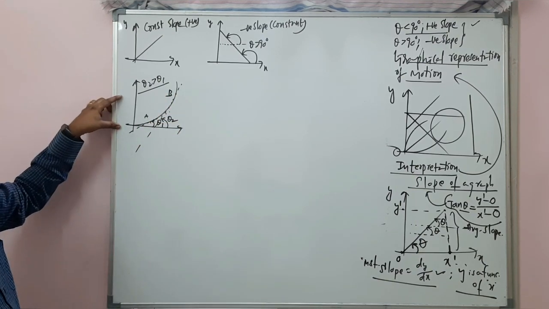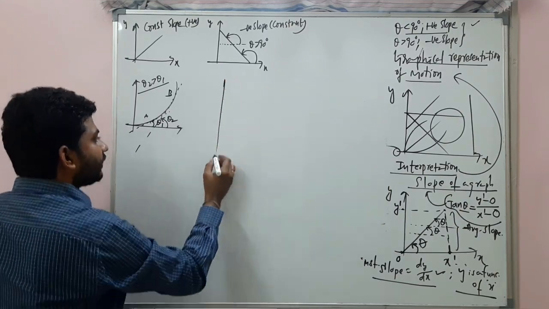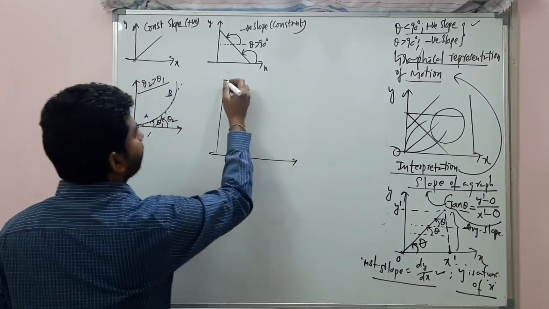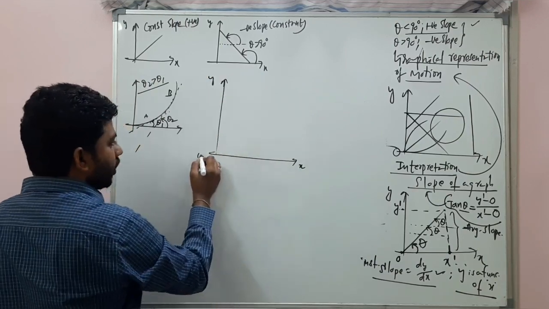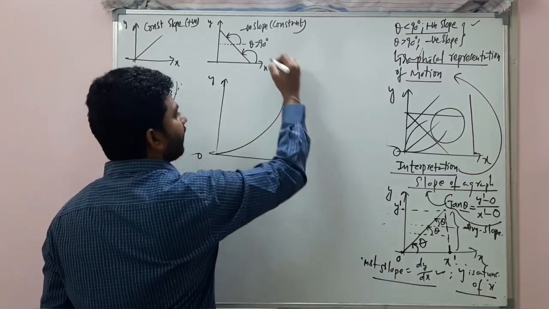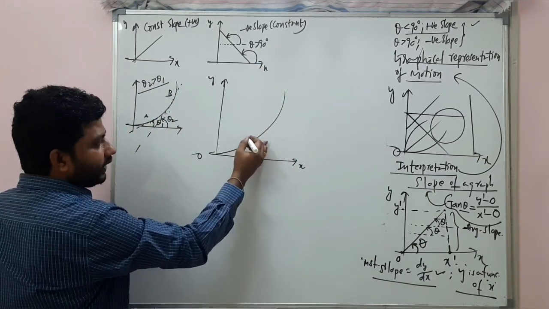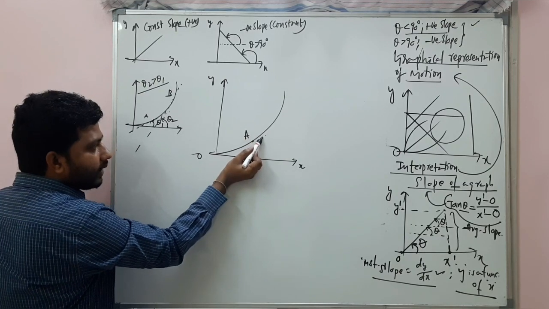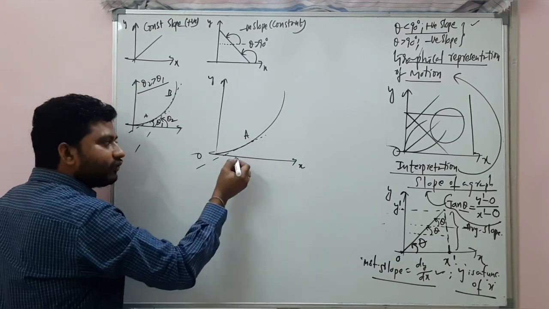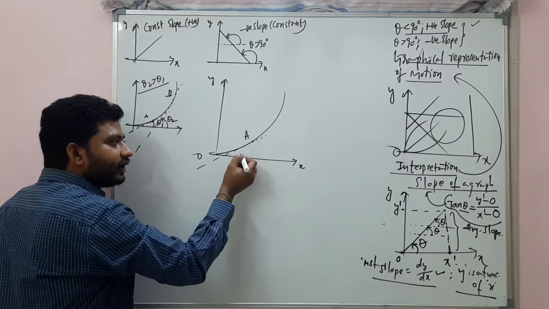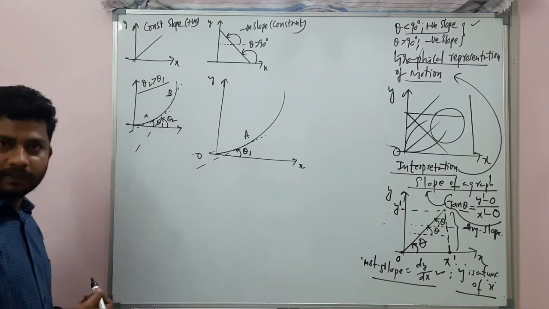I'll redraw the diagram in a bigger way so that you will understand far better. So this is x-axis and this is y-axis, and this is the origin. I have got my graph in this way. The question is, so there is a point A. At point A, I am drawing a tangent line. Look at here, this is the tangent. So for this tangent, you can find the slope. This is the slope I measured, which is theta 1.